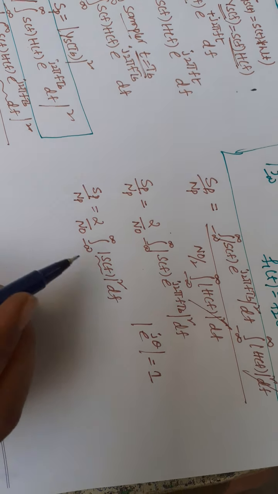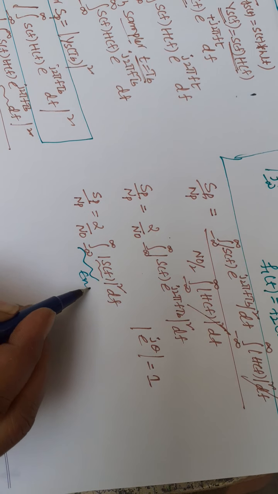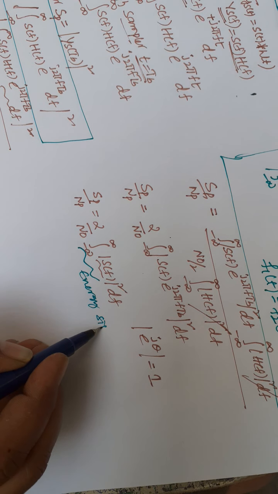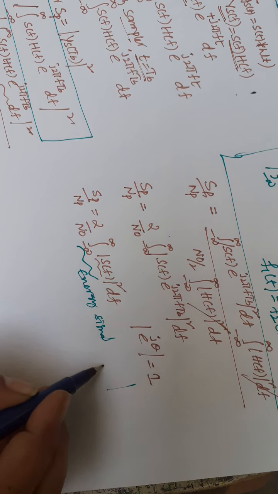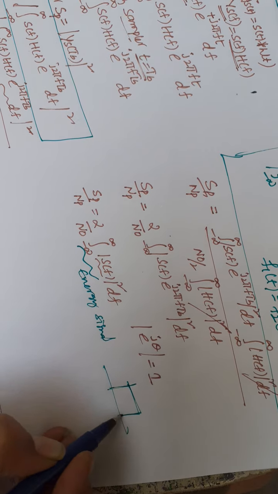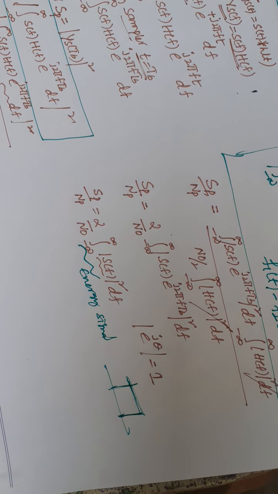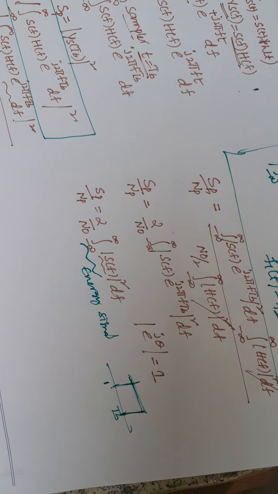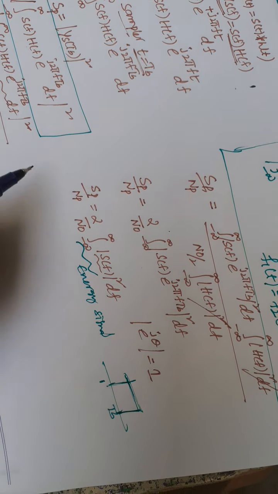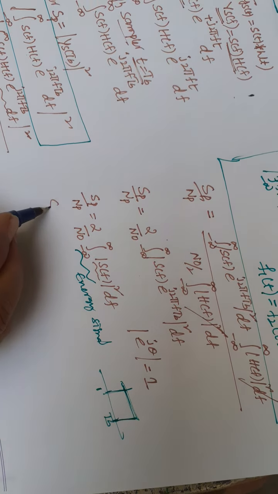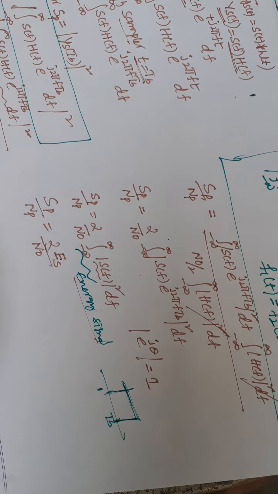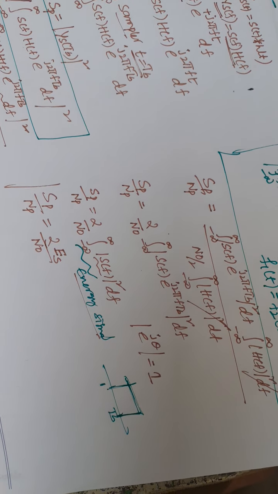So this is called the energy signal. This is a finite duration signal, and a finite duration signal is always an energy signal. So therefore, signal power by noise power is equal to 2 Es by N0.